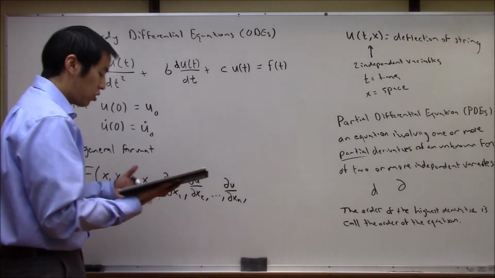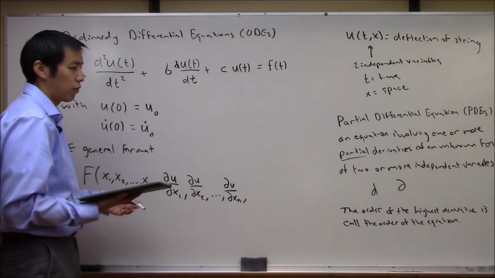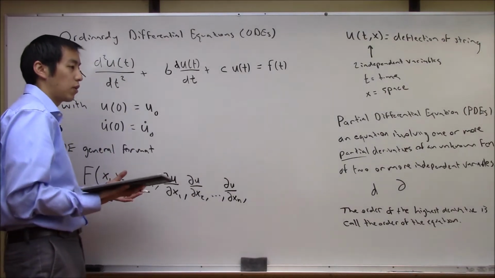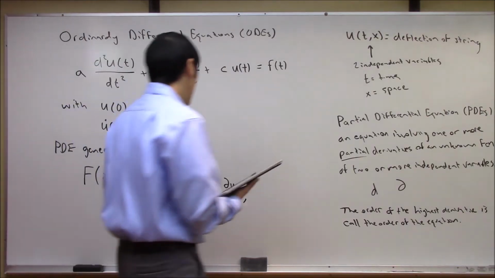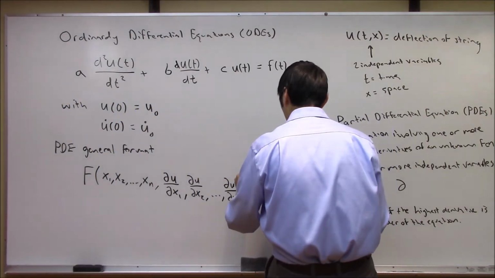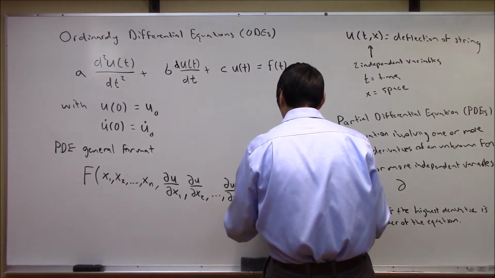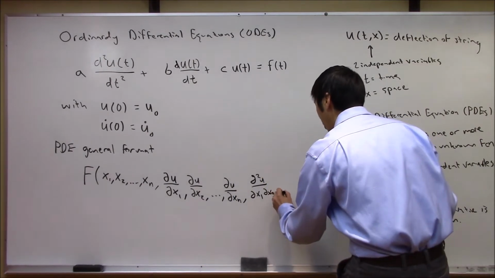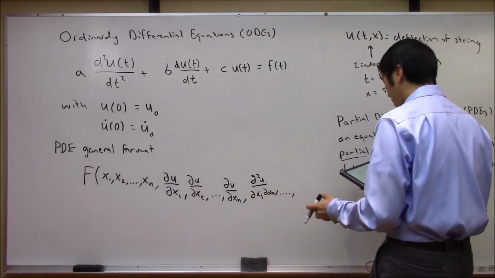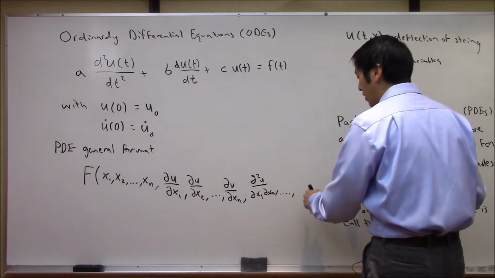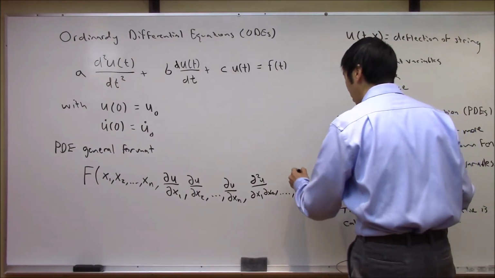And you don't have to stop at the first derivatives. This equation might have second derivatives. It might have mixed partials. So to keep this general, you might have something like partial squared u with respect to x1 and then with respect to x2, right? And you can start mixing all of these partials up as much as you like to get all of these different terms in here.